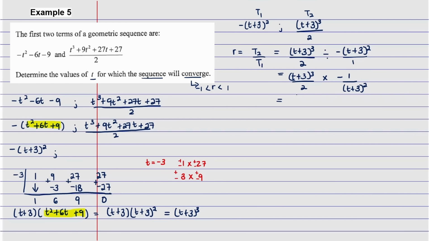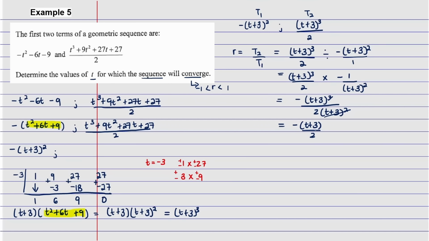So it's going to be negative t plus 3 all cubed divided by 2, then t plus 3 all squared. So this whole thing is going to cancel out, and we're left in the numerator with only t plus 3. So this is the same as negative open bracket t plus 3 divided by 2.